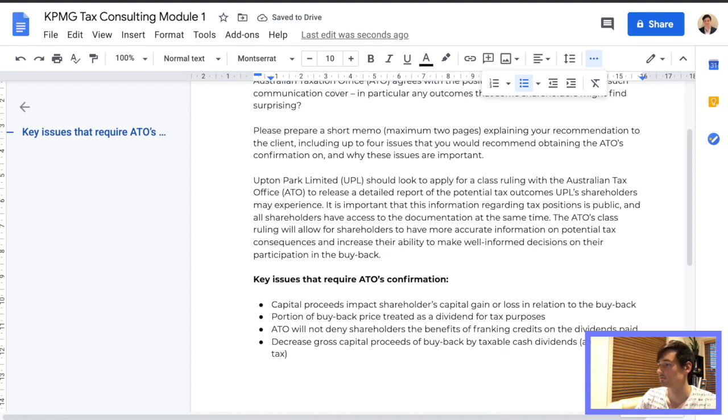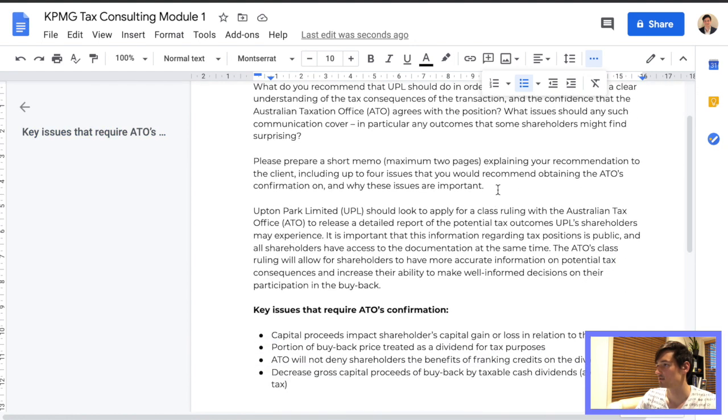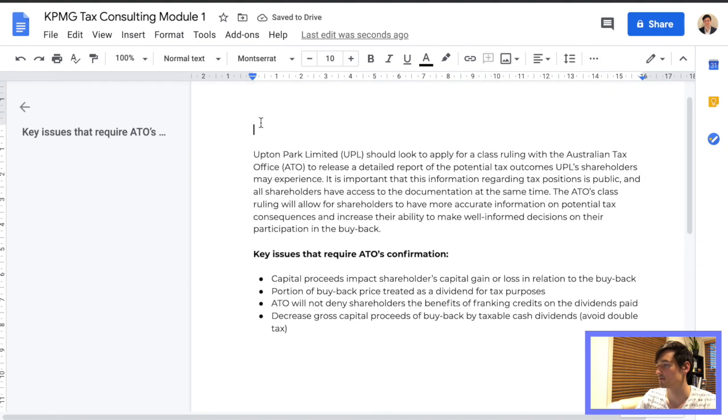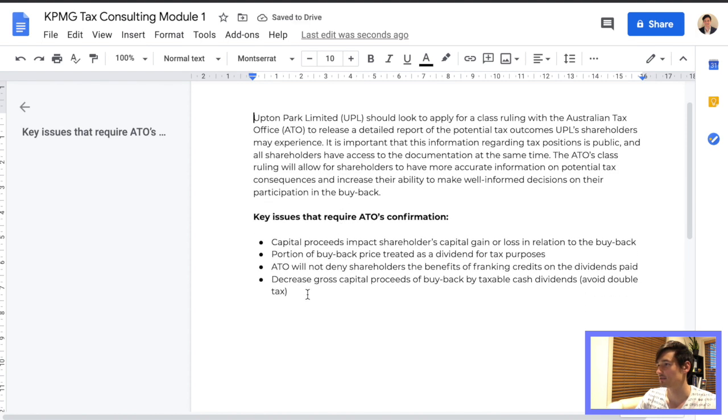I don't like how it goes into the next line, but I might leave that there for now. Let's delete that because I think that's all good. So we have a bit of an outline now for the memo. We can definitely add better formatting, but for now let's just focus on the content.